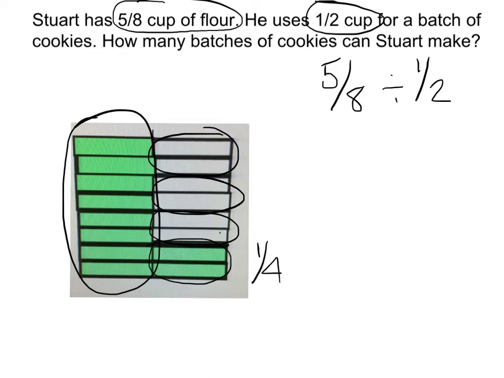So 5/8 divided by 1/2 leaves us with 1 group of the 1/2 and another quarter of that group of 1/2 size. 5/8 divided by 1/2 is actually 1 1/4. Stuart could make 1 1/4 batches of cookies.